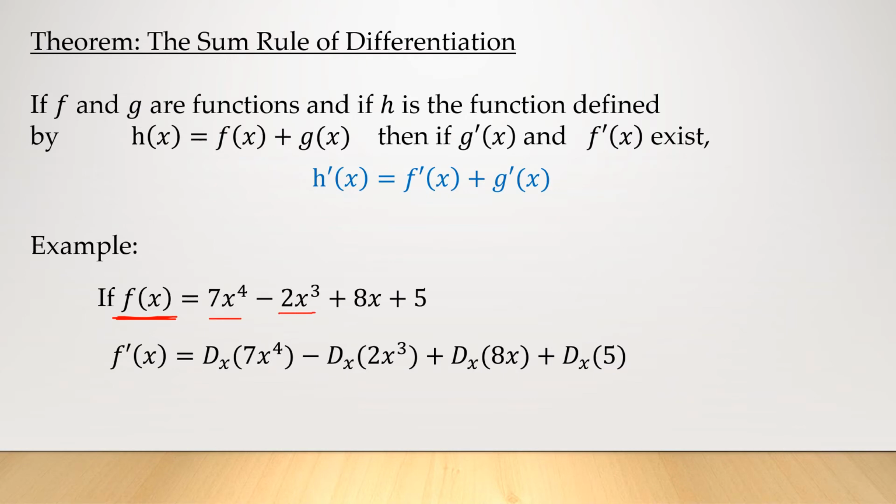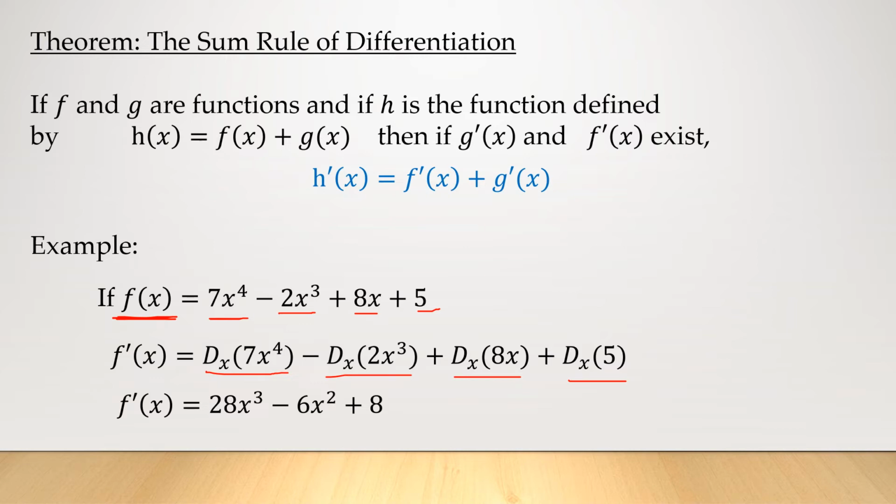Kasi nga, we considered it as a function. And so, we considered each of the terms as different functions. So, we will get the derivative of each. So, kukunin natin ang derivatives nila isa-isa. So, susundin lang natin yung ginawa natin sa ating previous examples, sa ating previous theorems.